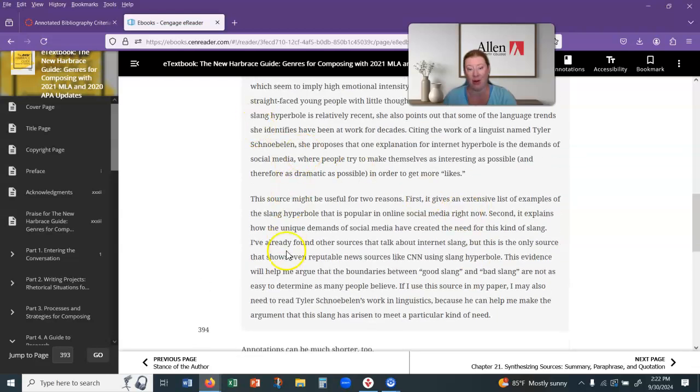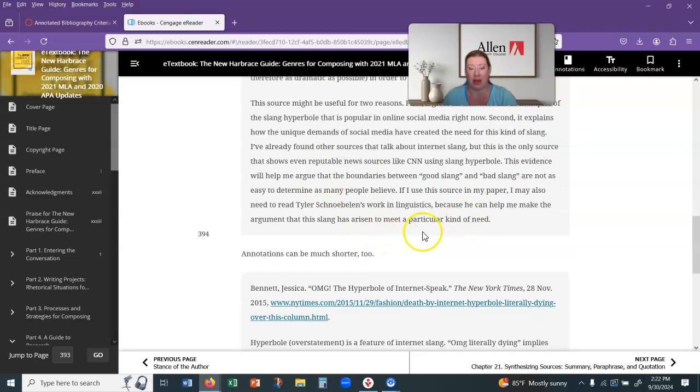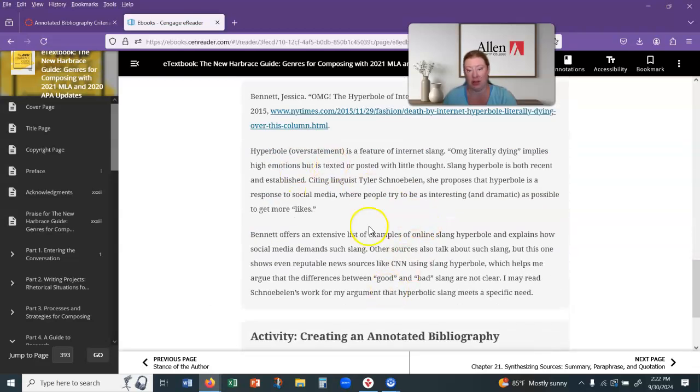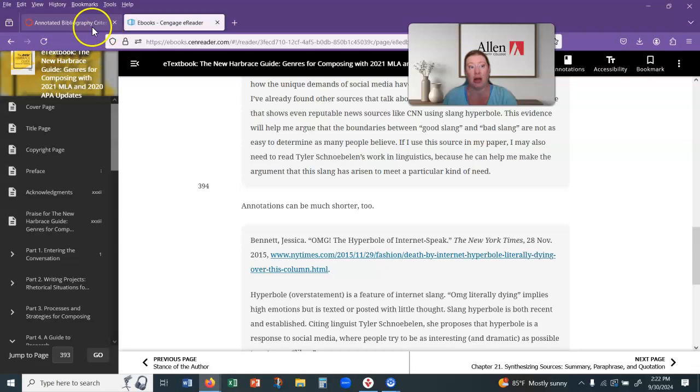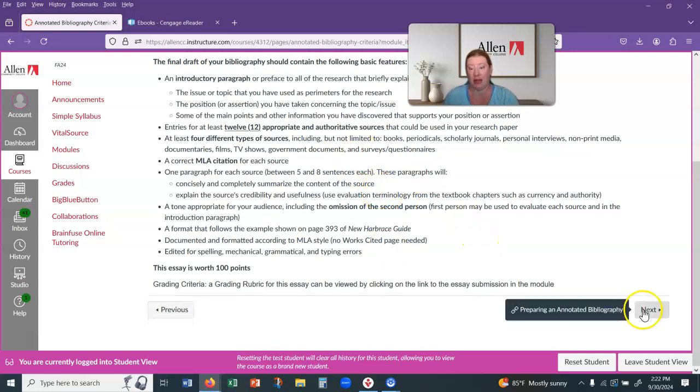It divides it out into summary versus evaluation. It's sort of a shorter version. You guys can do just one paragraph if you want to, about 5 to 8 sentences. So 2 to 3 summary, and then 2 to 3 evaluation, and that'll be a full paragraph that you need. So that's what I'm expecting out of this assignment.